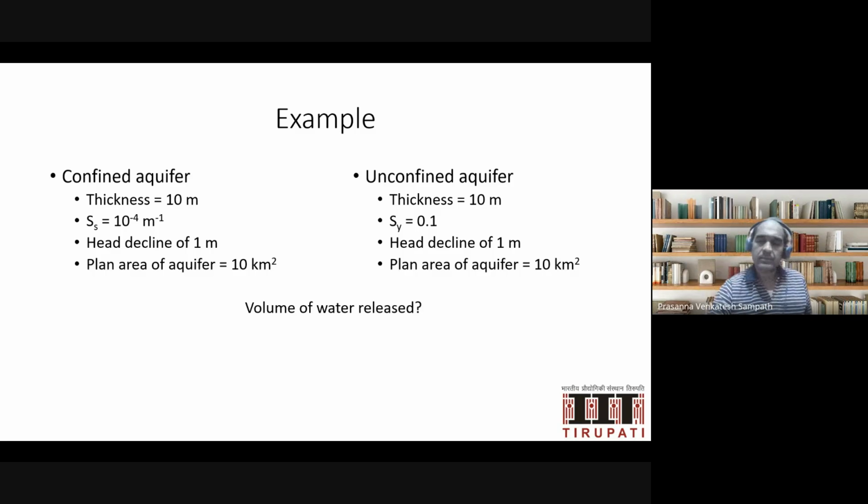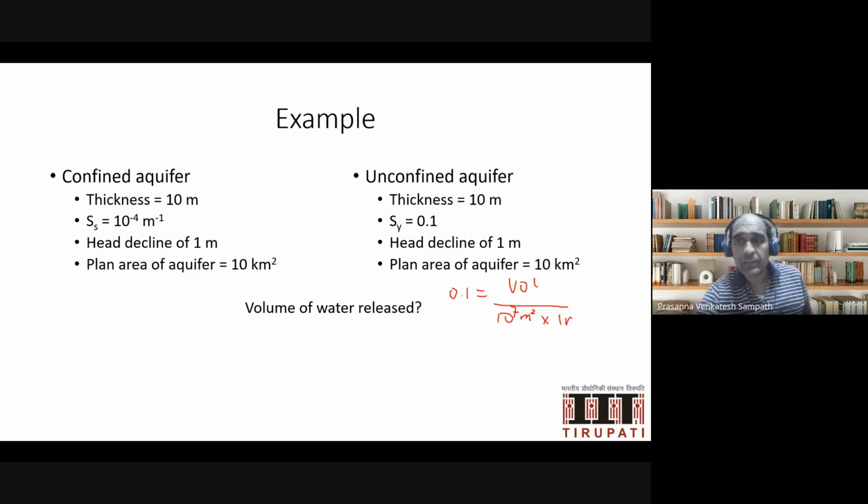So 0.1 specific yield equals the volume divided by plan area, which is 10 kilometers square. So that's 10 to the power 7 meters square. I apologize for my handwriting. And there's a head decline of 1 meter.